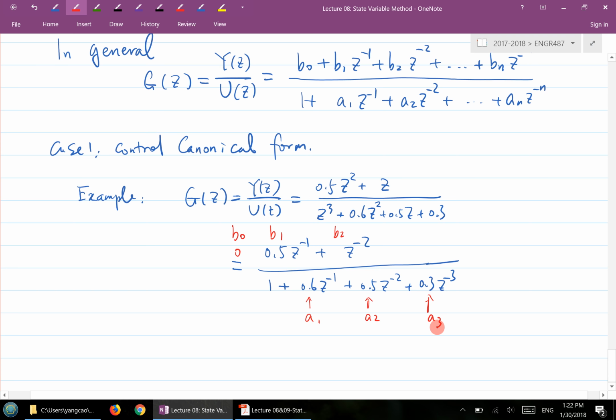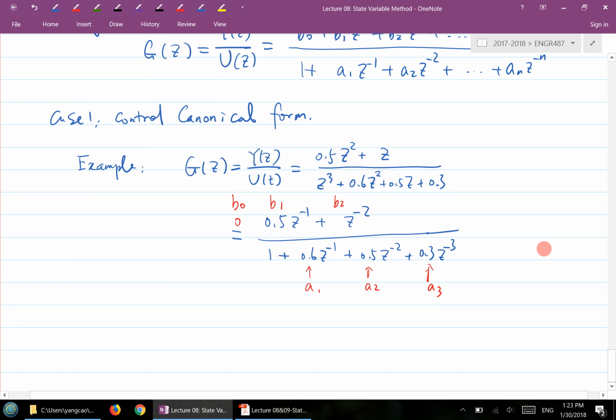The reason I'm doing this is that for the future or for your own work, you don't have to derive every time. You have your formula, and you can use it. Of course, sometimes I do ask you to derive to solve a question, and in that case you have to derive. But otherwise, you can always use the formula to compare the coefficients, then put them into the matrix.